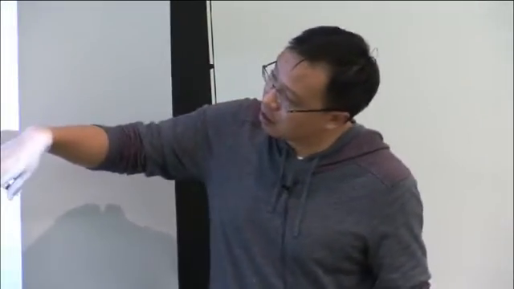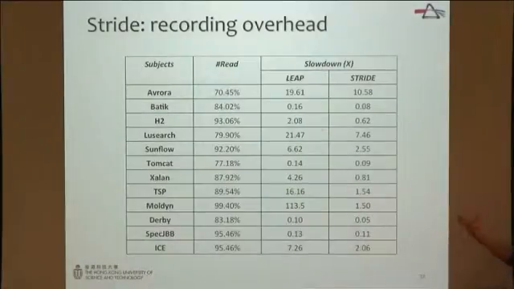The third column shows the overhead of Leap compared to the original execution. In some of the subjects, such as Derby, you can see that Leap already has only 10% overhead for recording. The last column shows the overhead of Stride, and you can observe that it has significantly lowered the recording overhead compared to Leap.